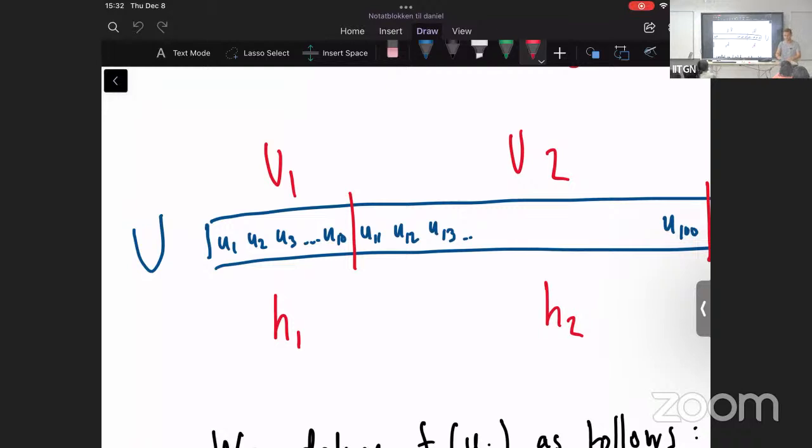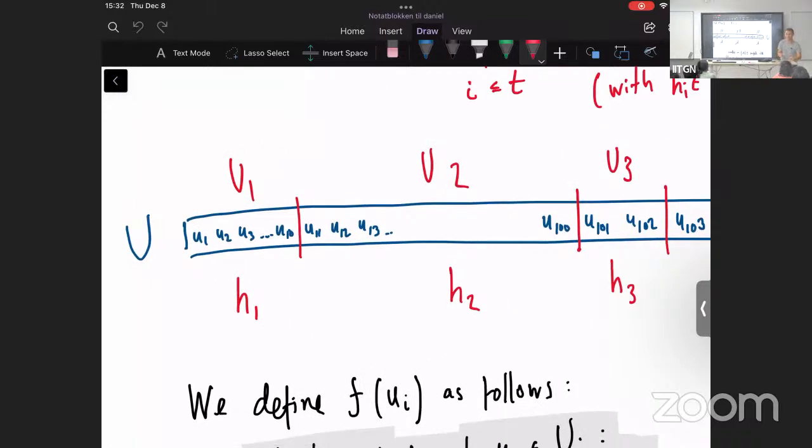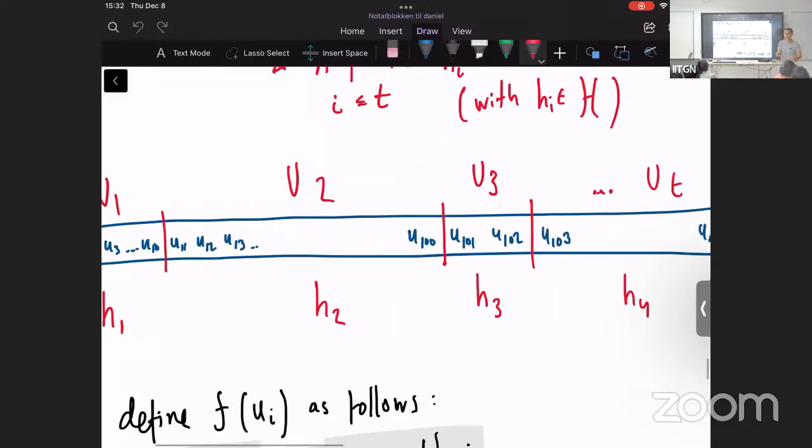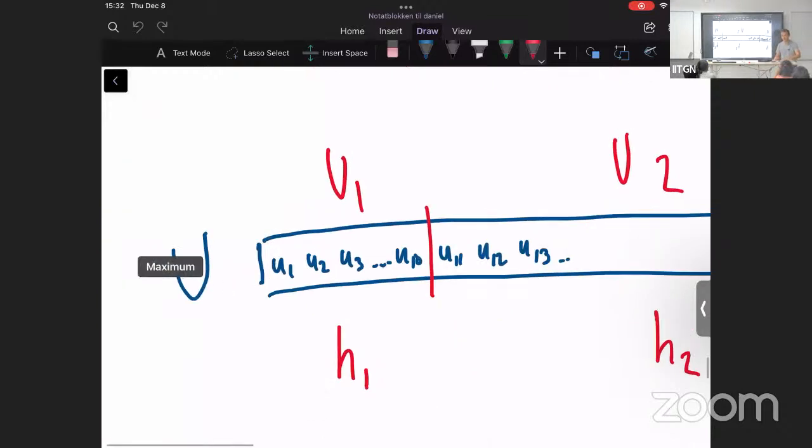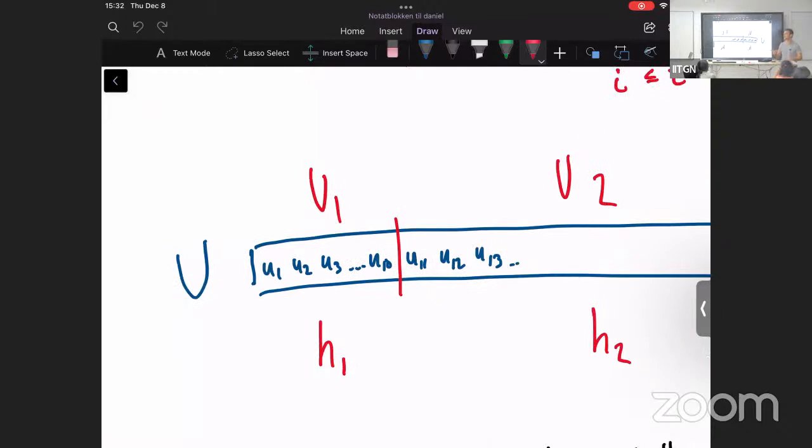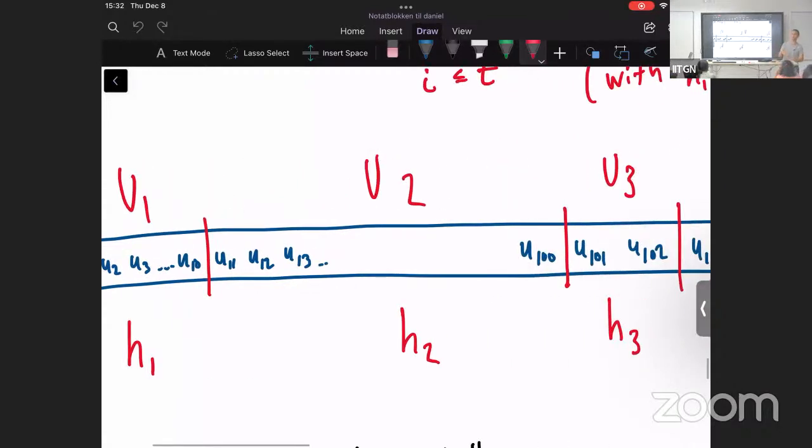So if I use h1 to color u1, h2 to color u2, h3 to color u3, they're all going to be using the same k over t colors, right? But I don't want this color collision. I want to use all of my k colors. So I want h1 to use the first k over t colors, h2 to use the second k over t colors, and so on.